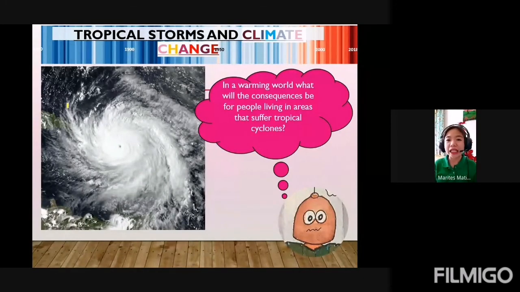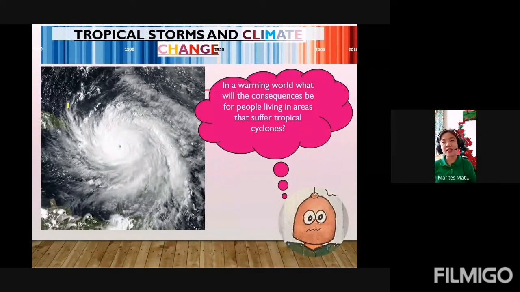Diba? Yun yung mga talagang epekto niya sa atin. So, from those effects, diba sabi nga nila, it's better to be ready than sorry. Okay. So, for that, ano kaya yung mga pwede nating gawin before the typhoon, during the typhoon, after the typhoon, to avoid those things?